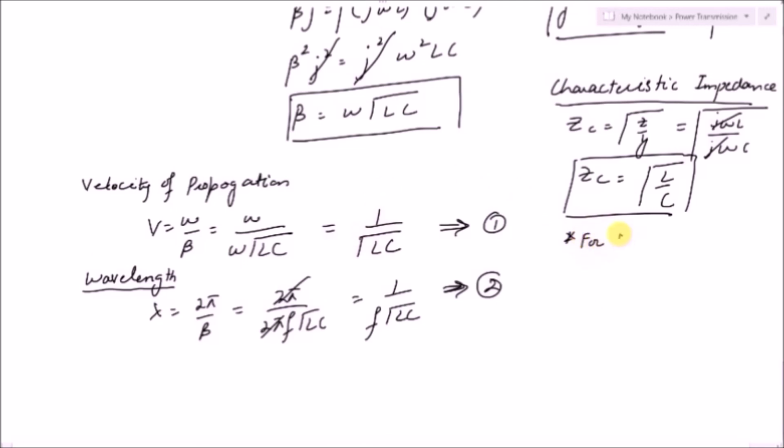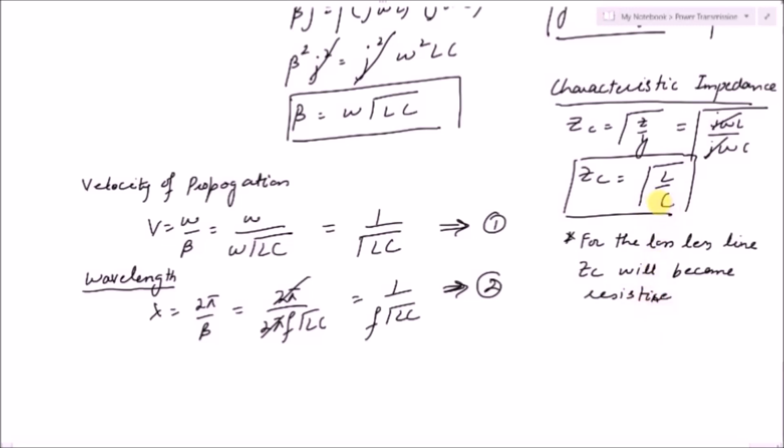For the lossless line, characteristic impedance will become resistive. So it does not have any frequency part in it, so it cannot be termed as inductive reactance or capacitive reactance. It is the inductance value and the capacitance value, so it does not have any frequency part.